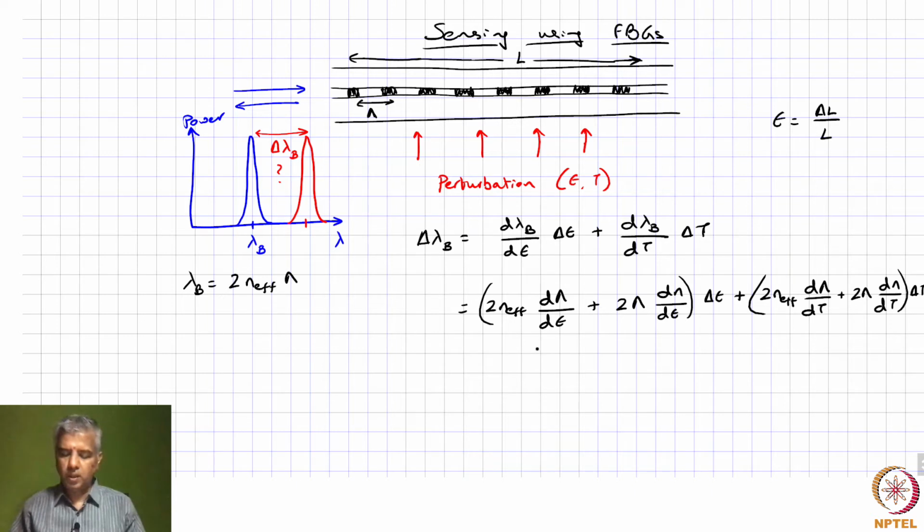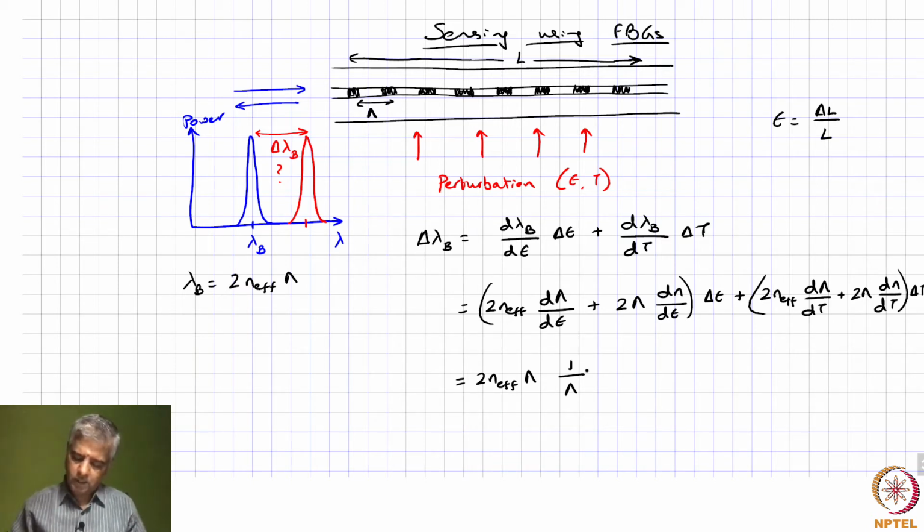Okay. Now, of course, you can take out a common factor from all of this. Let us say you take out 2 times n effective times capital lambda, which of course corresponds to the Bragg wavelength itself.